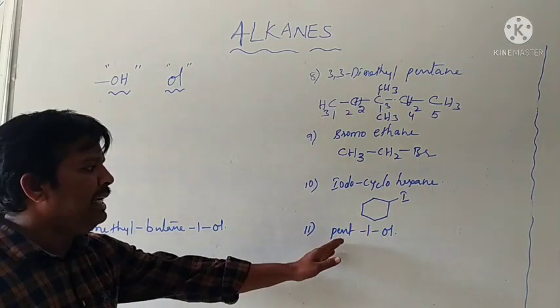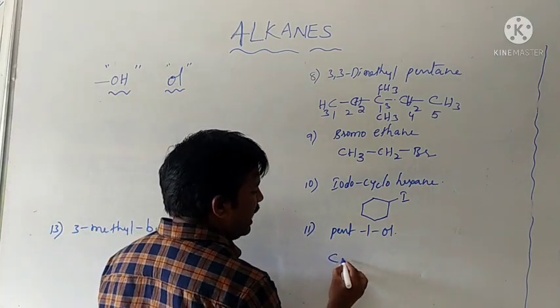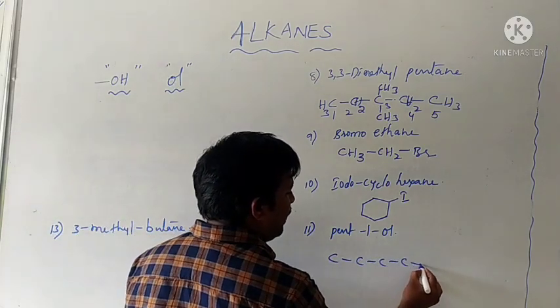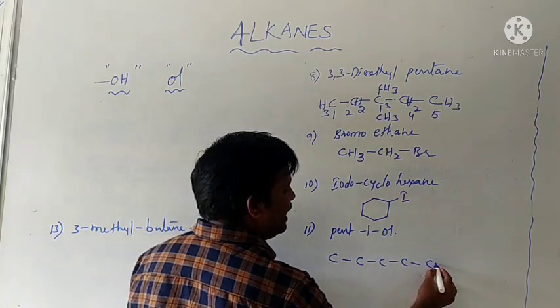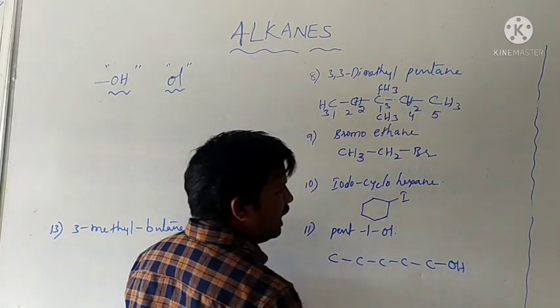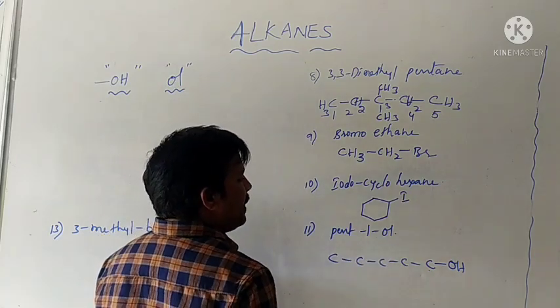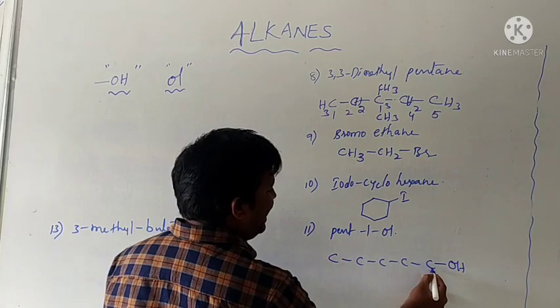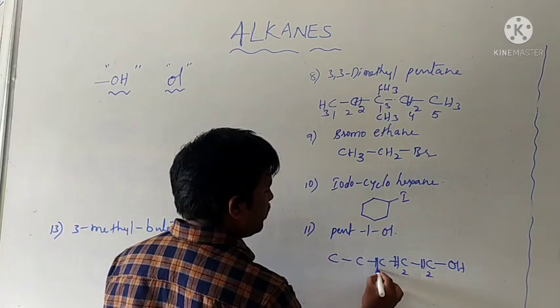That's why pentan-1-ol. Pent itself indicates the total of 5 carbons present in that carbon chain, and ol, the hydroxy group, is attached to the first carbon of the carbon chain. Remaining carbon valency is filled with hydrogens.